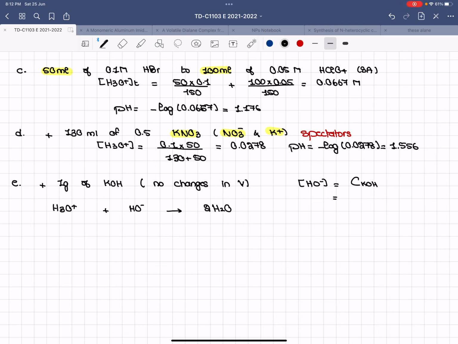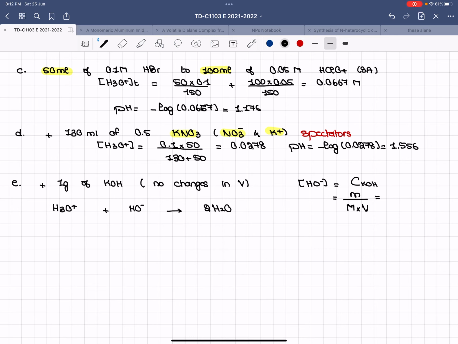And the concentration of anything in terms of mass, it's what? Like I said, it's basically mass divided by molar mass times the volume.